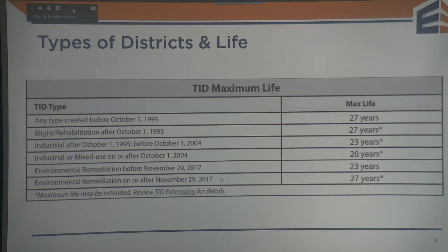All of the different types of TIDs have potential extensions for use. As an example, the blight rehab TID has a 3-year automatic extension. The pre-1995, I believe, has an automatic 4-year extension. That just means the JRB needs to adopt a resolution approving the extension, and that's as simple as it gets.